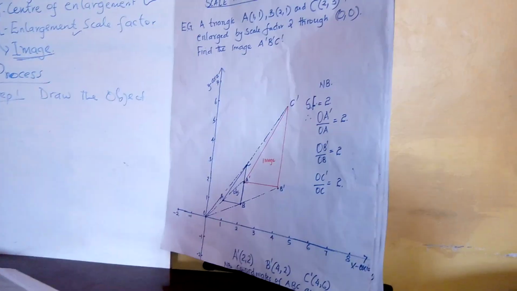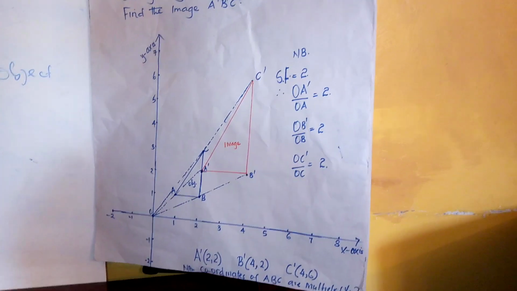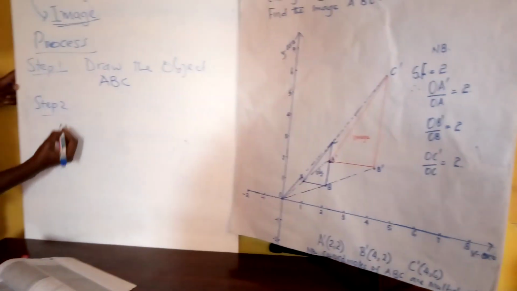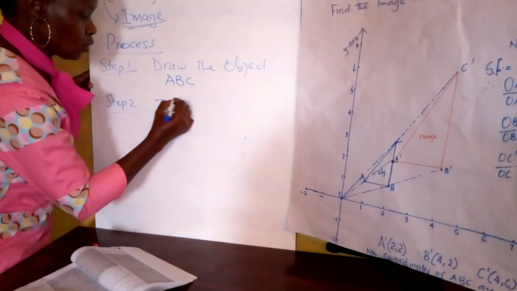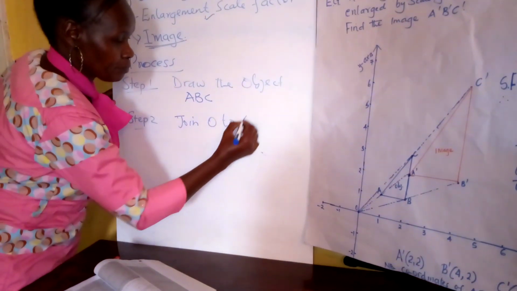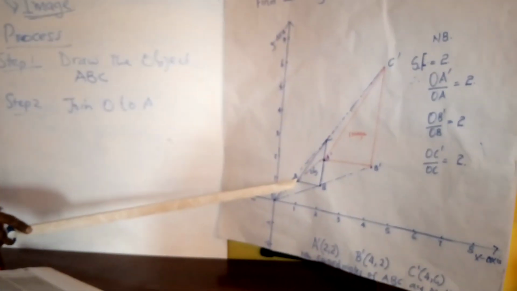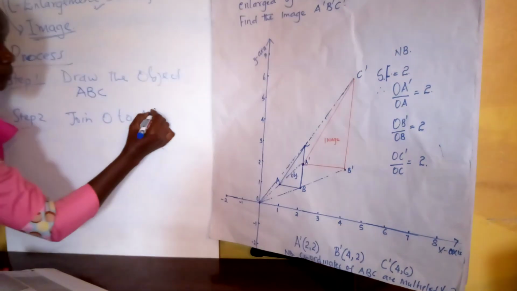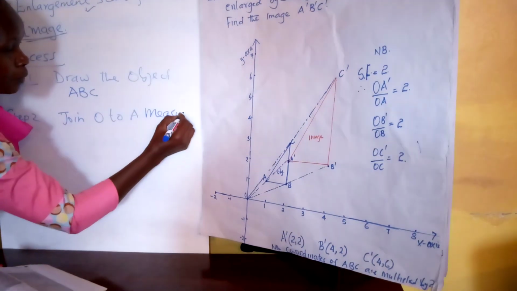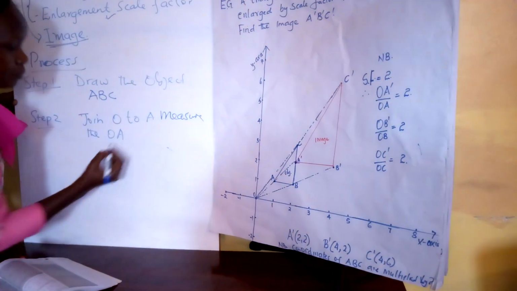After you have now drawn the object ABC, step 2, you're supposed to join O to A. Then measure the length OA.